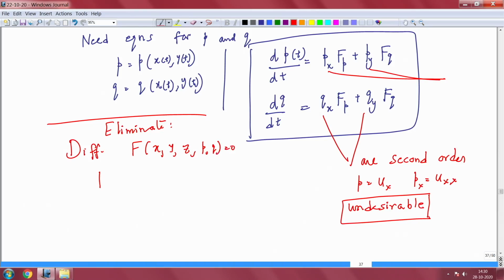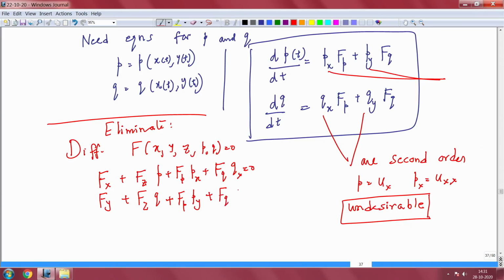If you differentiate, you get F_x plus F_z into p plus F_p into p_x plus F_q into q_x equal to 0, and similarly you differentiate with respect to y, you get F_y plus F_z into q plus F_p into p_y plus F_q into q_y.